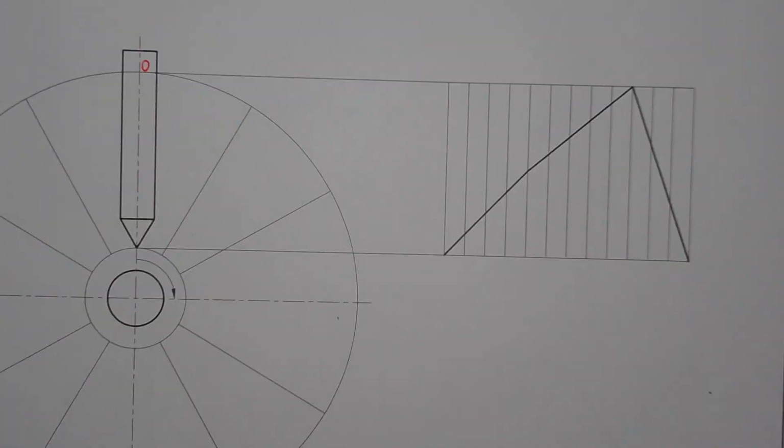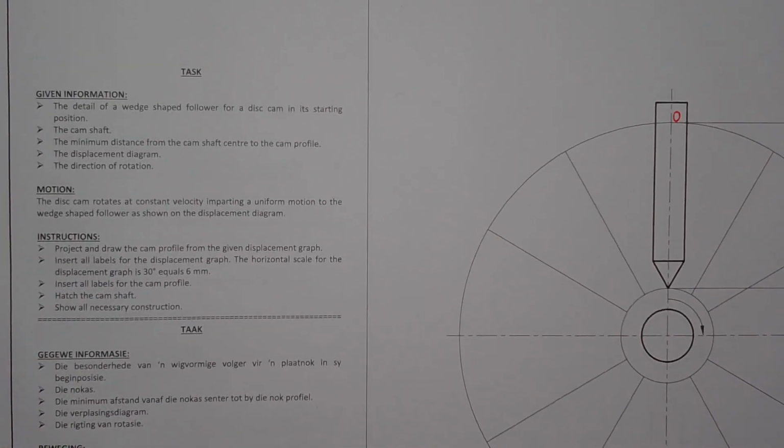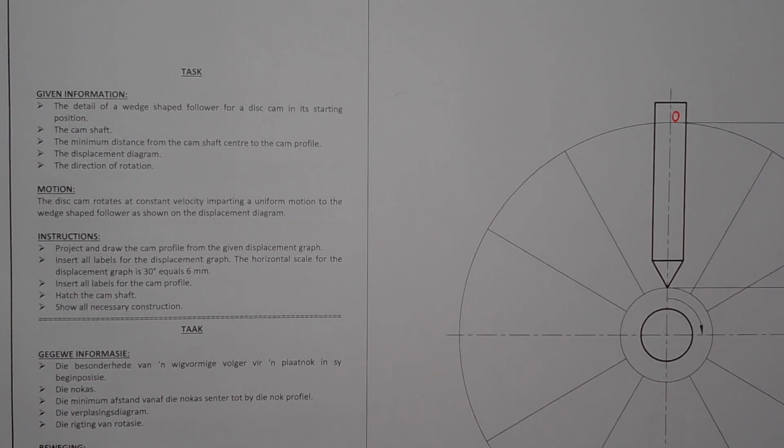Okay, instructions. Project and draw the cam profile from the given displacement graph and insert all labels for the displacement graph. The horizontal scale for the displacement graph is 30 degrees is equal to 6 millimeters. Insert all labels for the cam profile, hatch the camshaft, show all necessary constructions.